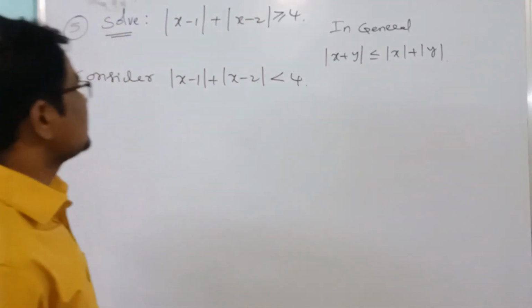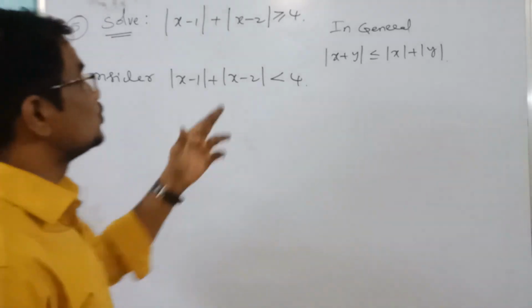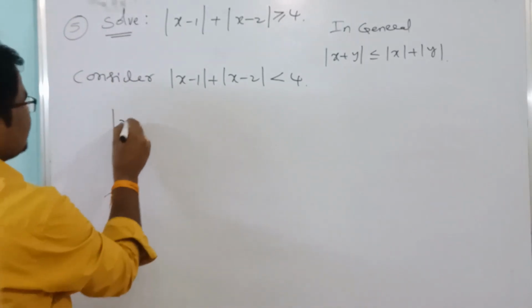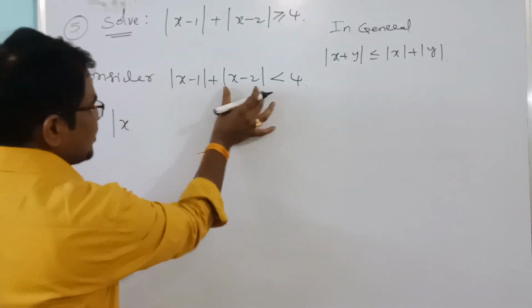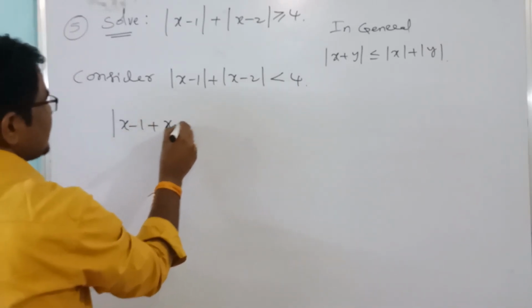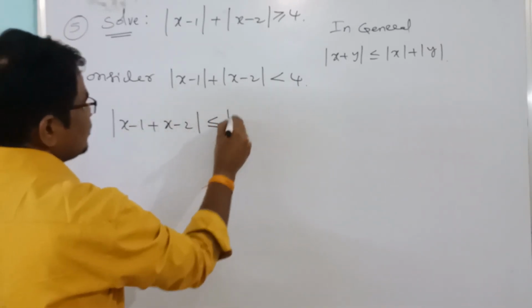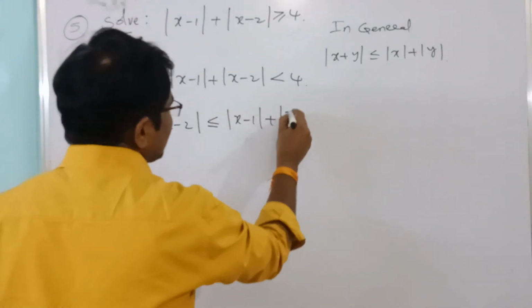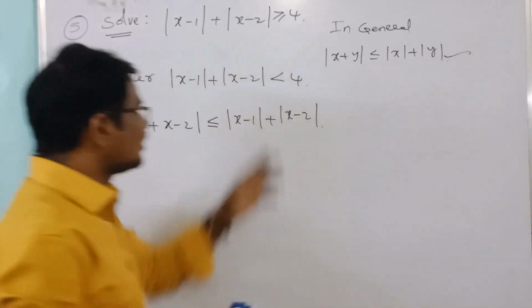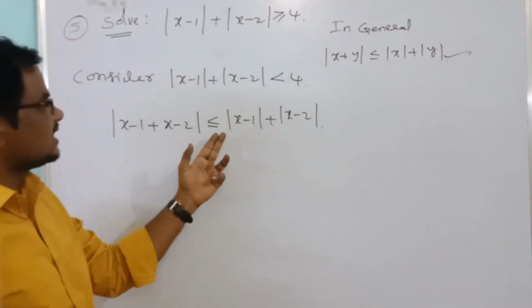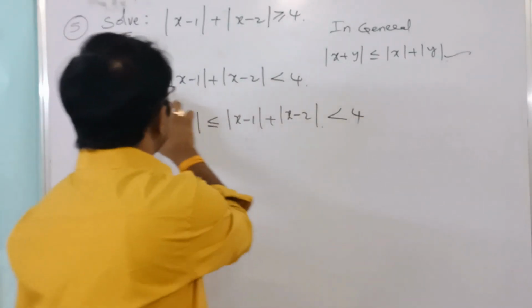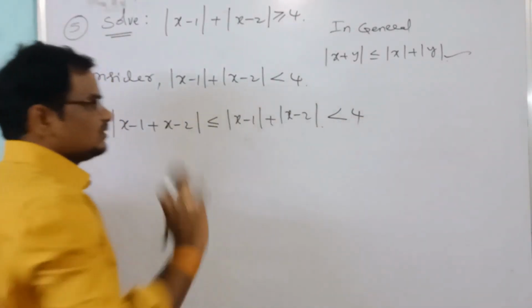So |(x − 1) + (x − 2)| ≤ |x − 1| + |x − 2|, by this condition, since we took this as less than 4.